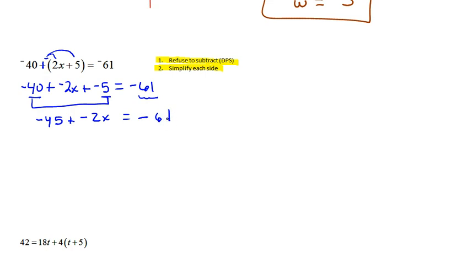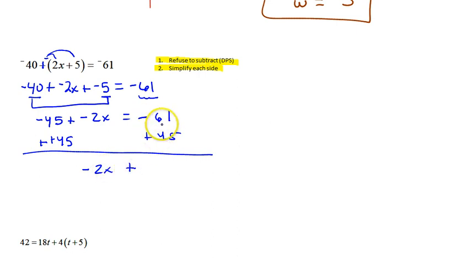Remember, we undo addition first, not multiplication, so I need to get rid of this negative 45. The opposite of adding negative 45 is subtracting negative 45 or adding positive 45. So I'm going to do that to both sides of my equation. I get negative 2x plus, because I have one positive and one negative, I'm going to subtract, which gives me 16.